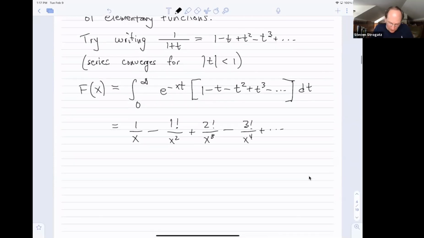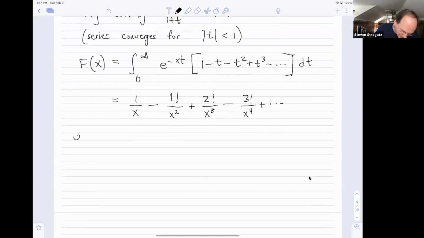What I'm using here is the identity that if I integrate t to the n, e to the minus xt dt from 0 to infinity, that gives you n factorial over x to the n plus 1.